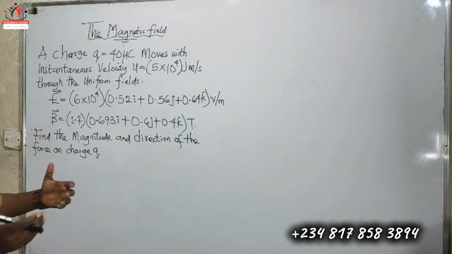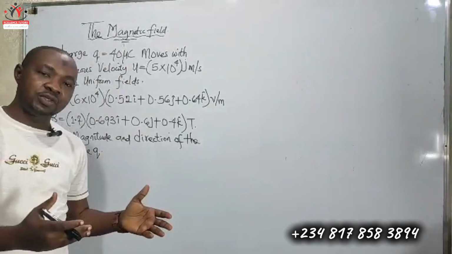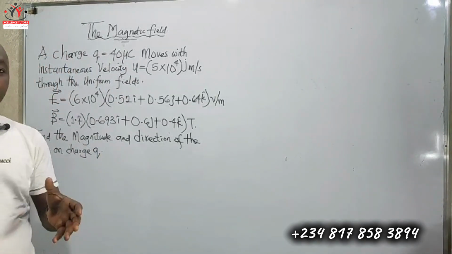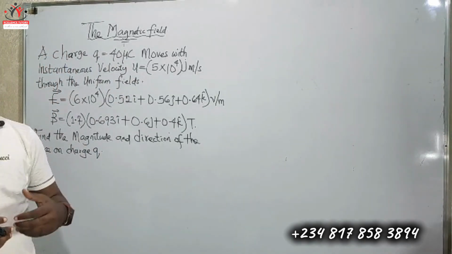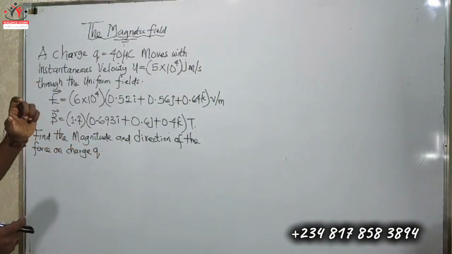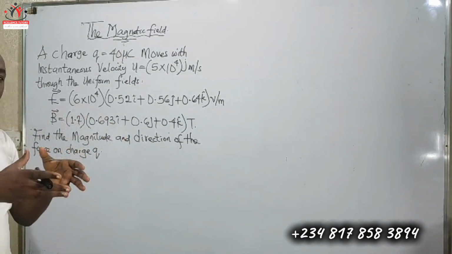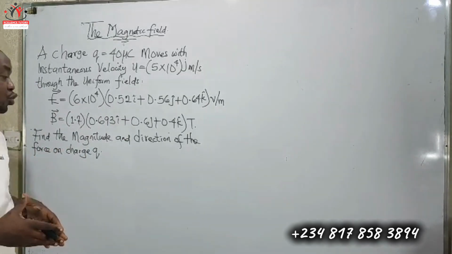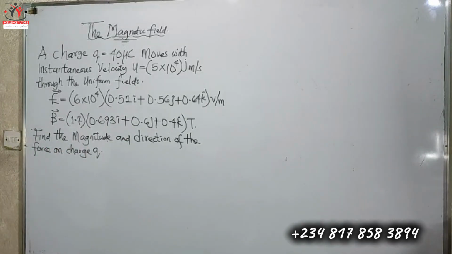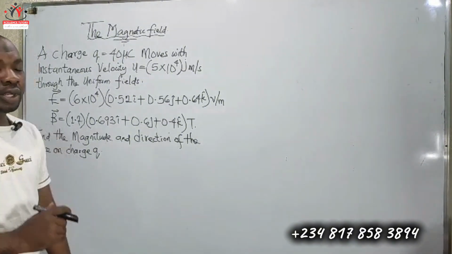Which means when we have both electric and magnetic field present in a region, the force on a unit positive test charge which exists in that region will be equal to the vector sum of the electric force and the magnetic force. And that equation is what we call the Lorentz equation.